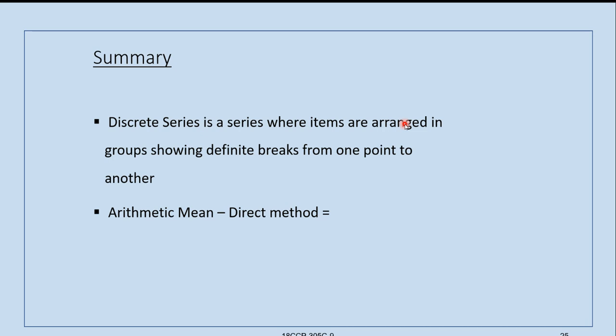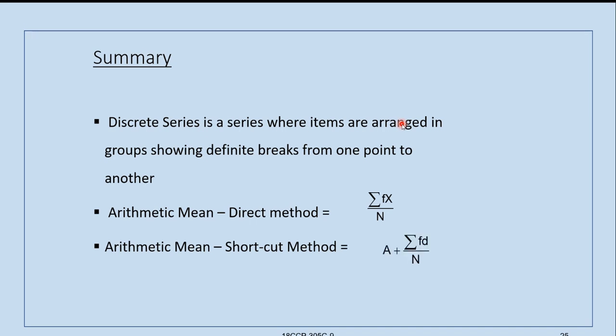Now arithmetic mean by direct method is sigma fx by n, we have seen. And in the shortcut method, arithmetic mean is A plus sigma fd by n, where A is assumed mean.